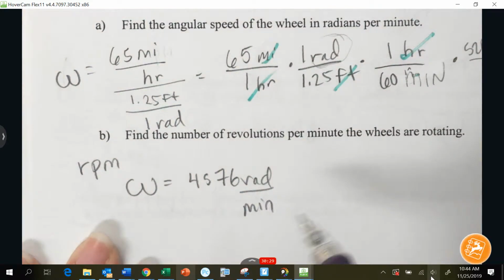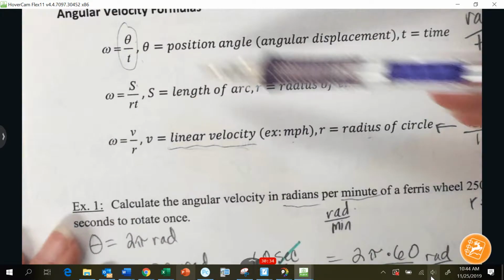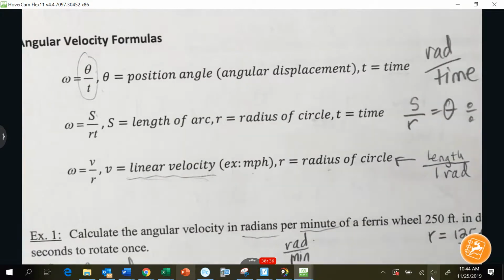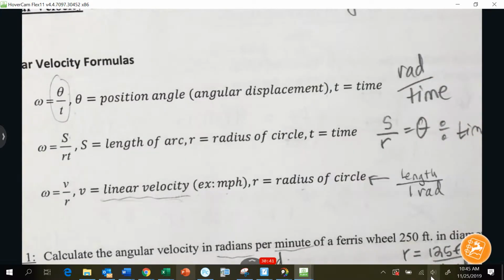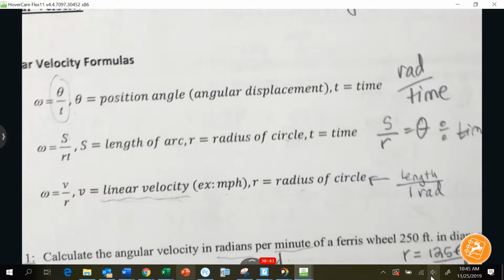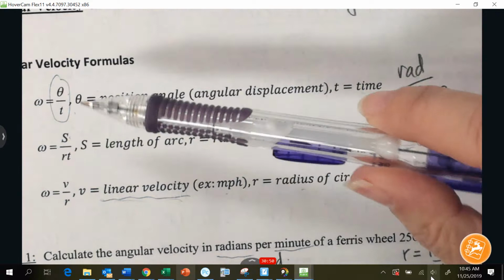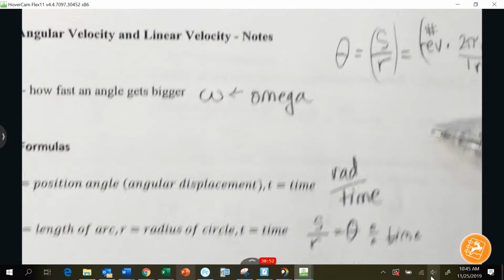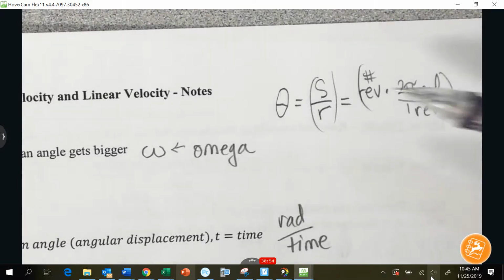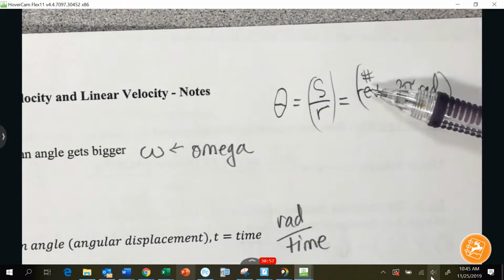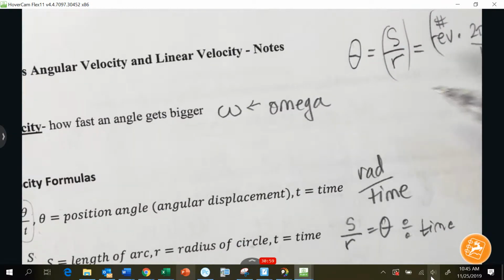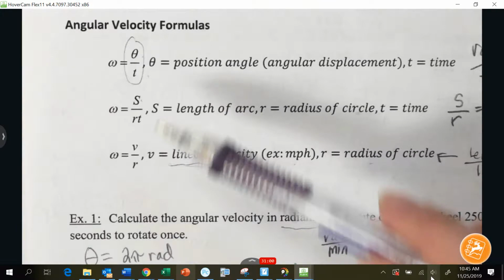To get omega, one of these formulas uses revolutions in it. Who said the first one? Why do you think the first one is correct? Why do you think the first one uses revolutions per minute? Because theta has revolutions in it. Okay? So we are going to use the first formula. We're going to do theta over time.